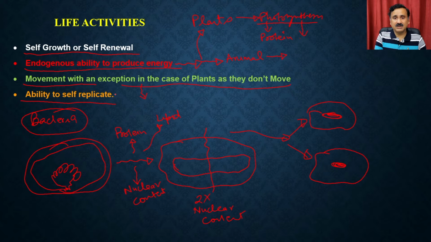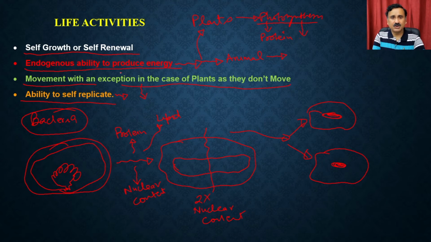So self-replication is where one organism is going to produce two different organisms. So these are a few of the classical and basic pathways which are essential, and what you see here is that the synthesis of new biomolecules, or the synthesis of different types of proteins, lipids, and nuclear content, is essential for performing these functions.